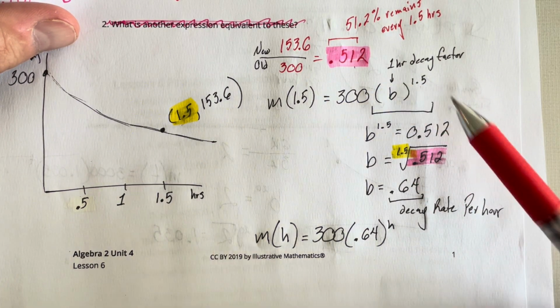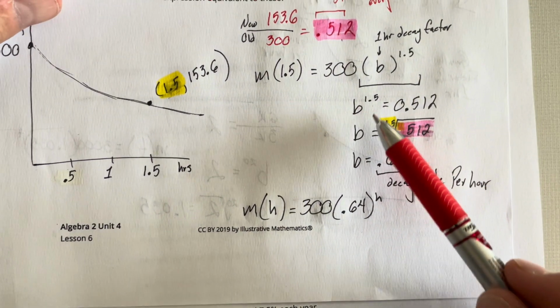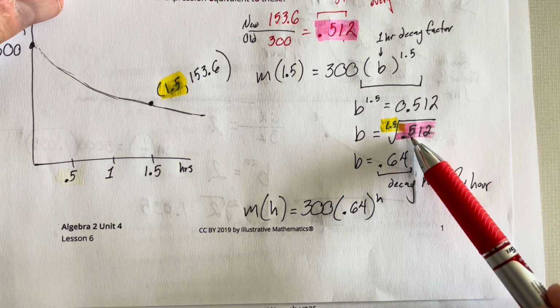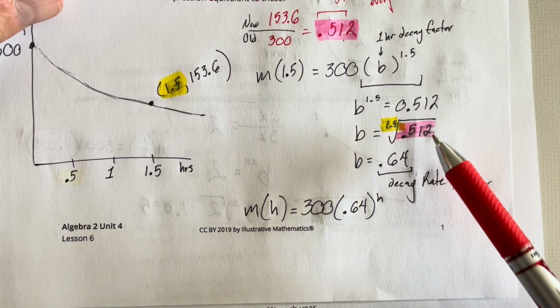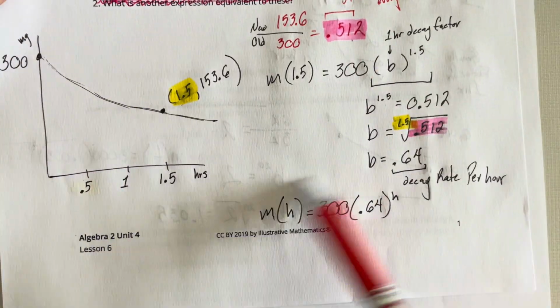If we raise it to that power, we get this decay factor. So if we take the 1.5 root of 0.512, we get the decay factor for 1 hour.